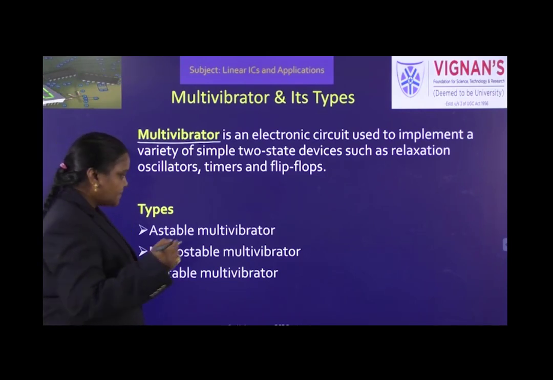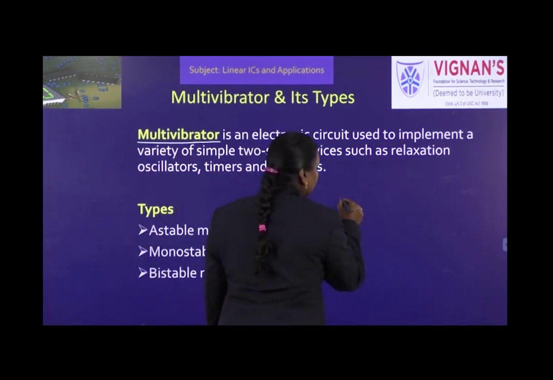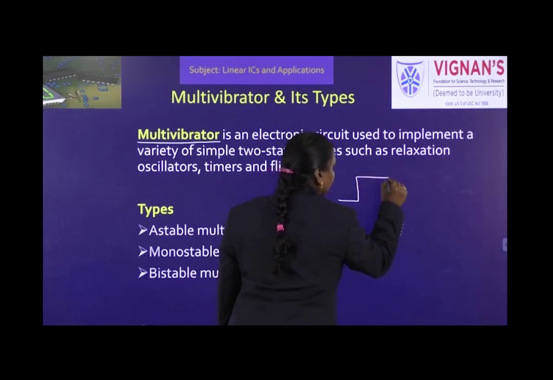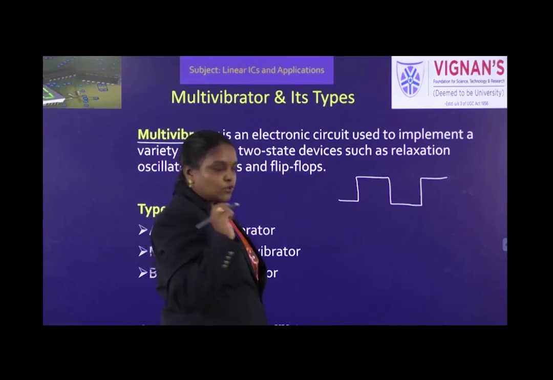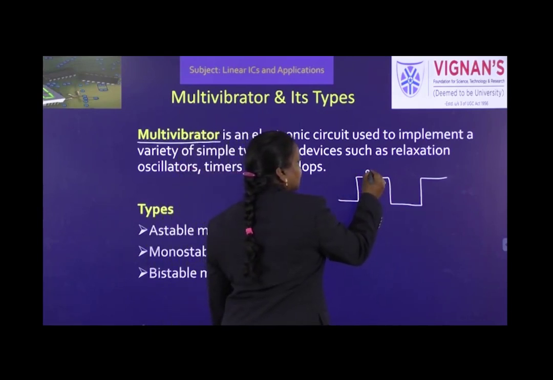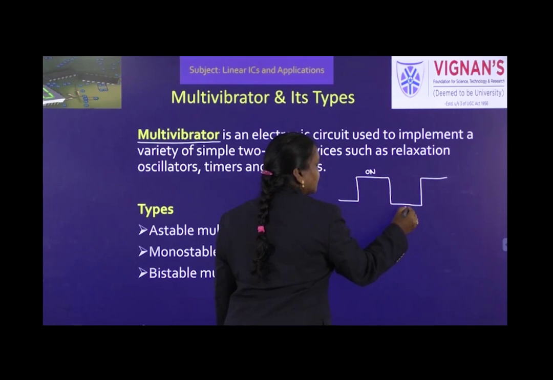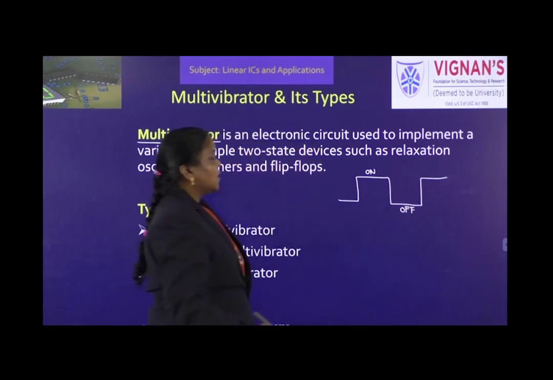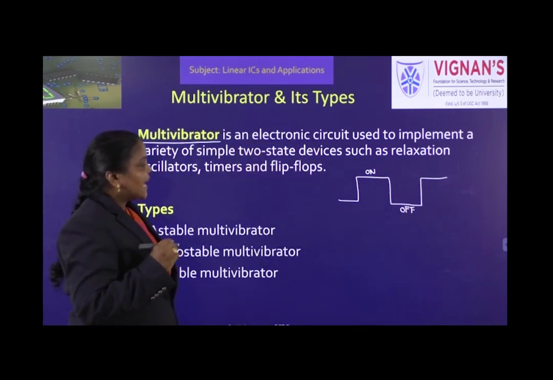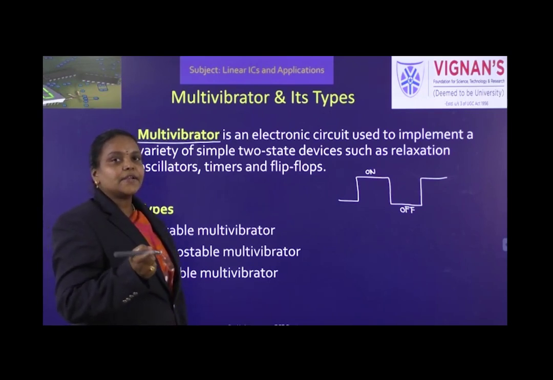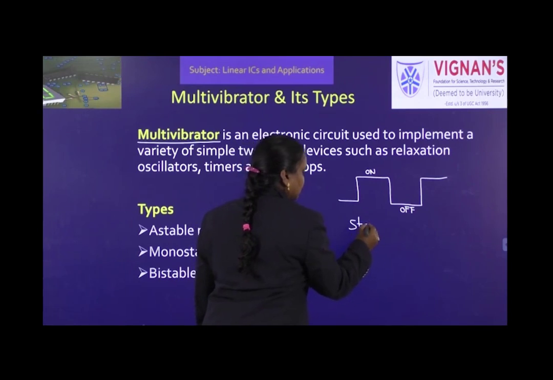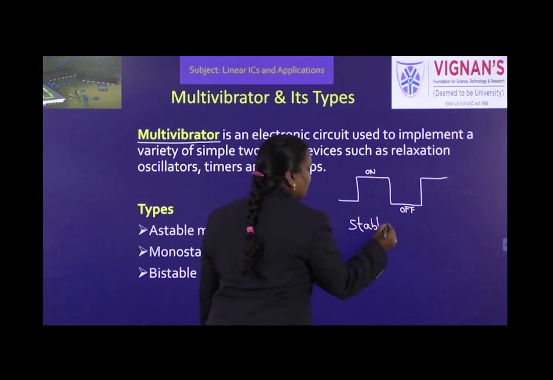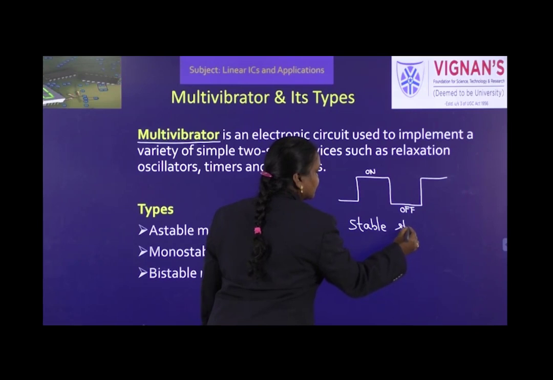First, for all these multivibrators, the output is a square wave. It has two states, on state and off state, and the types of states are stable states and quasi-stable states. So the on state or off state can be a stable state or a quasi-stable state.